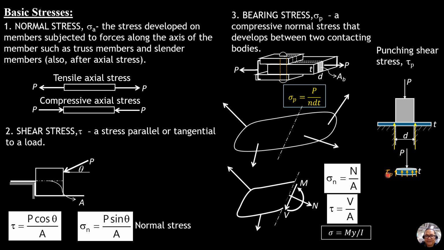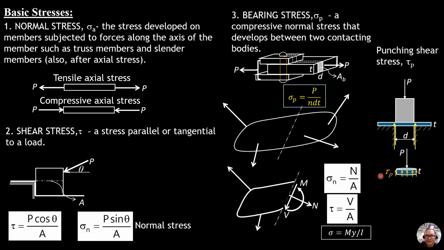To help visualize the situation, we have here the coin or this disc. The punching shear stress develops around this lateral area of the cylindrical plate or disc, and this P should be divided by the lateral area of the plate, which is just rectangular, where the length is the circumference of this disc, which is pi times diameter, and the height is the thickness in this case.